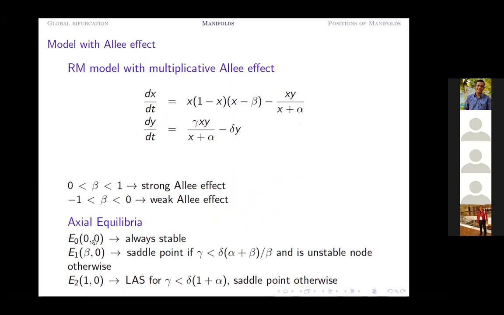So you know that there are 3 axial equilibrium points. E0 is always stable. Beta 0, which is denoted by E1, is a saddle point if this condition holds, and if it is violated, then it is unstable. And E10, this is stable for gamma less than this particular threshold, otherwise it is a saddle point.